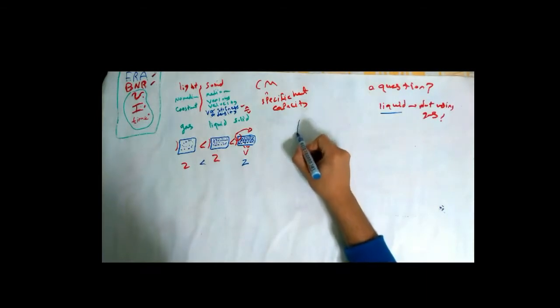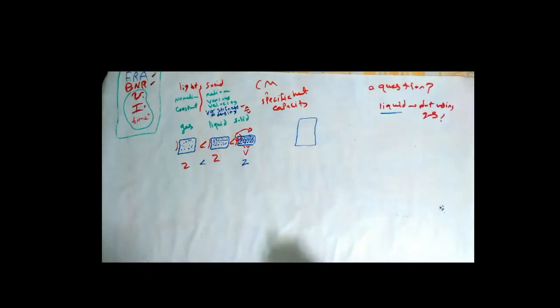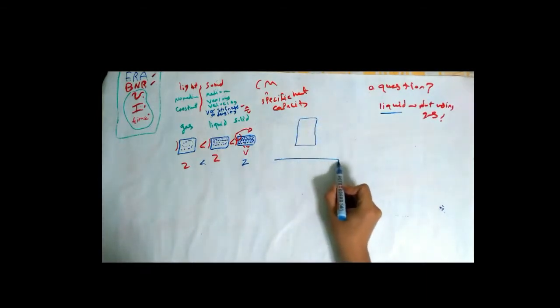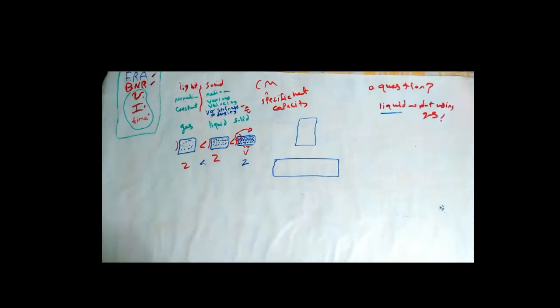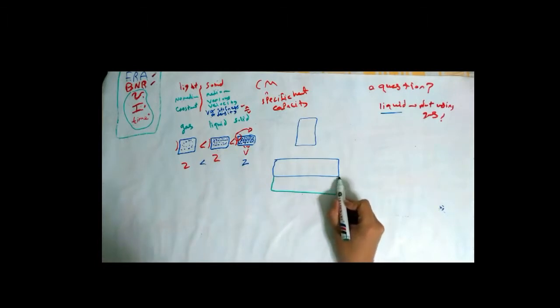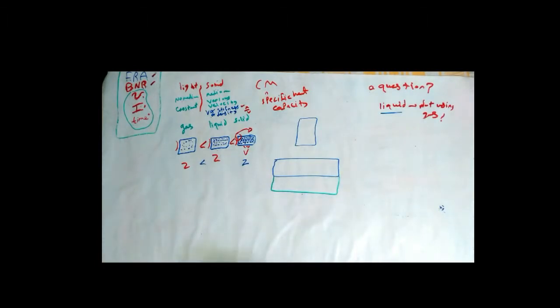If this is the transducer head, and this is the skin, this is subcutaneous tissue, this is the muscle, and finally bone.